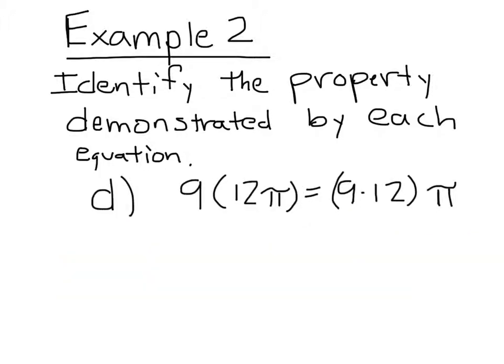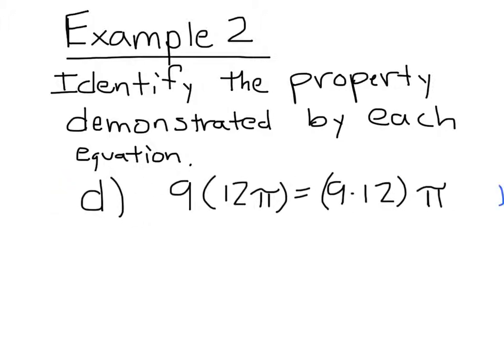Finally, our last example here, it says identify the property demonstrated by each equation. So once again, I look at the left side of the equation and the right side of the equation. Now over here I notice 12 times pi is grouped together. But now over here I notice that the 9 times 12 is grouped together.